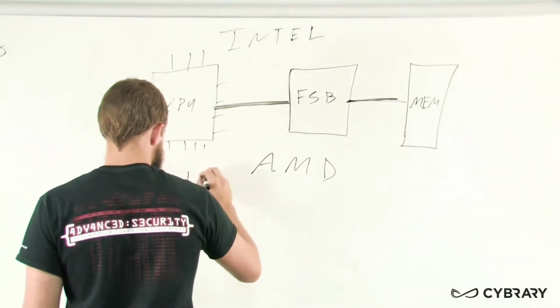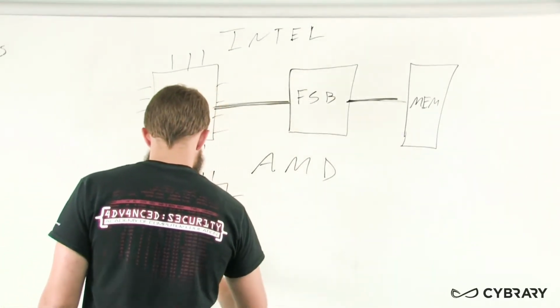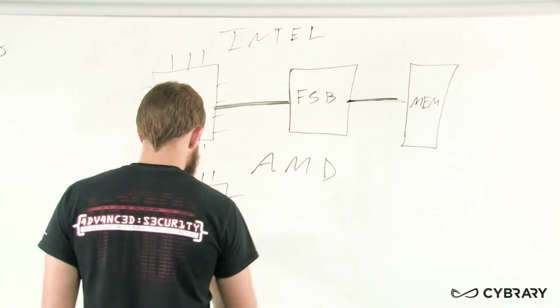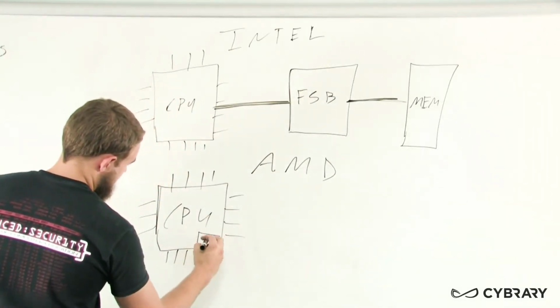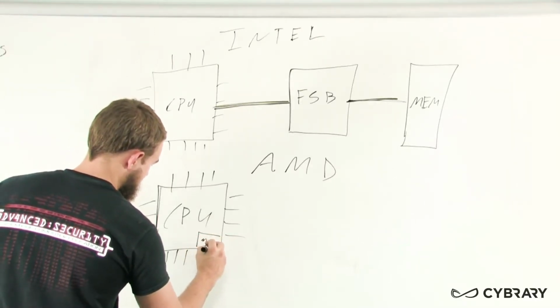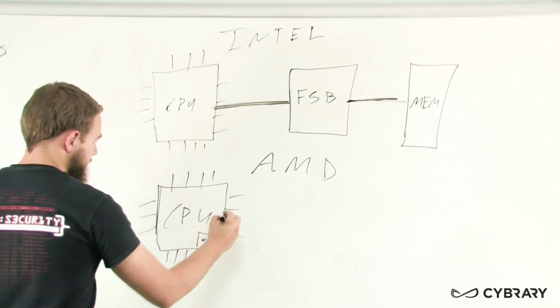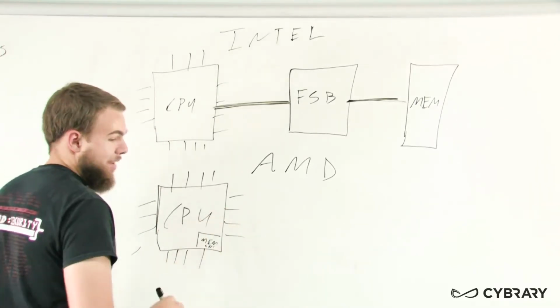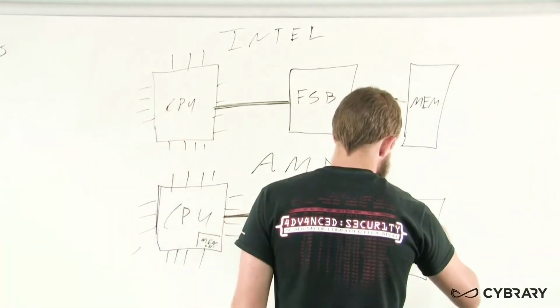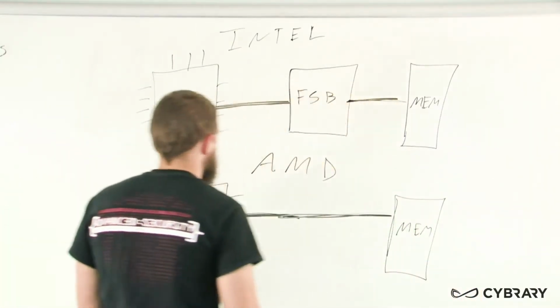With our AMD, however, we don't have a front side bus. The memory controller is actually located on the CPU itself. The CPU acts as our memory controller rather than passing that task off to the front side bus. So the CPU acts as its own memory controller and then just uses a bus that we refer to as our hypertransport bus, and it goes over that hypertransport bus to our memory.